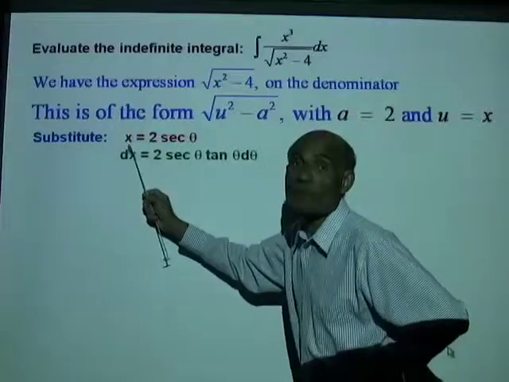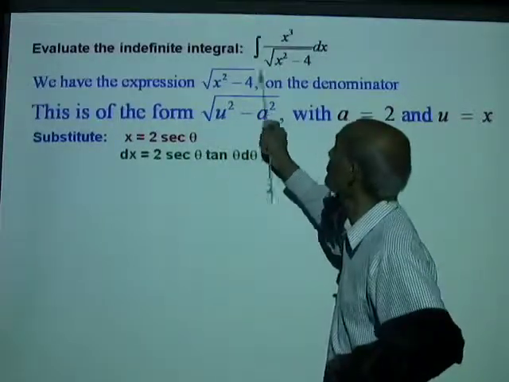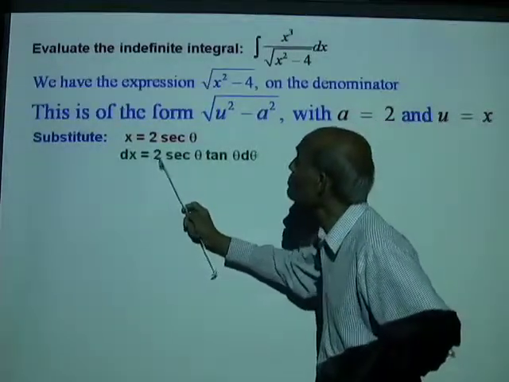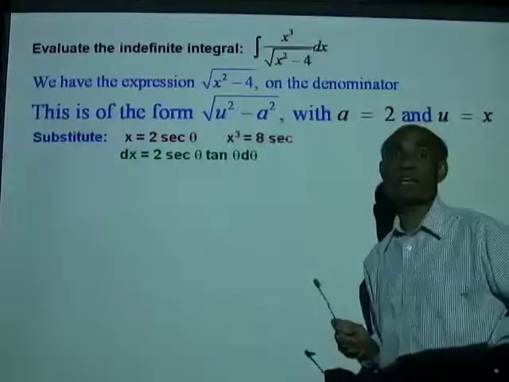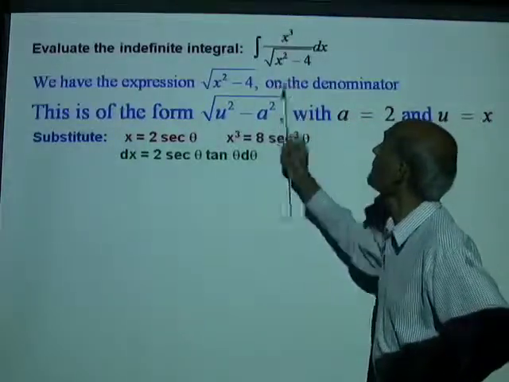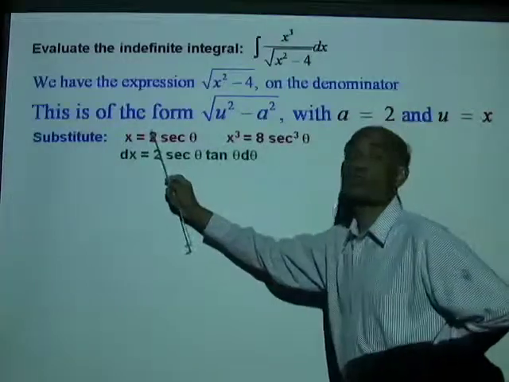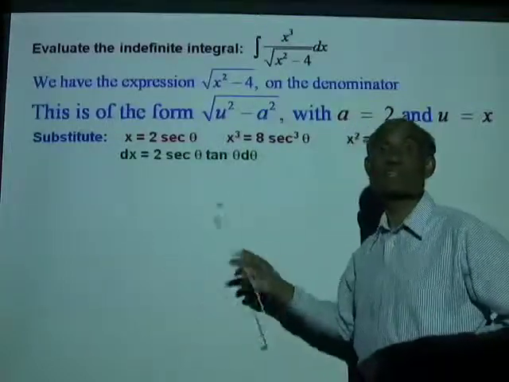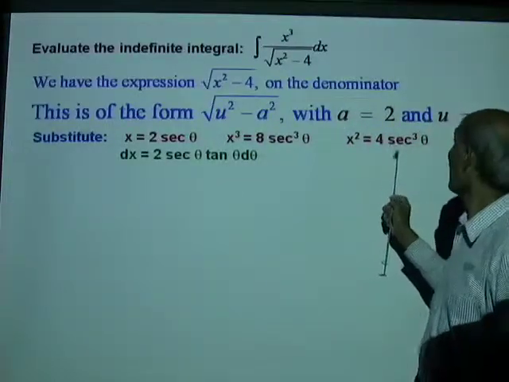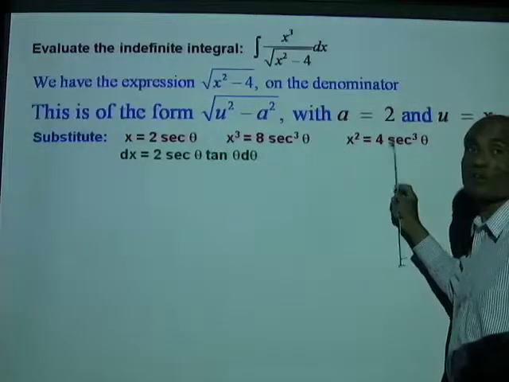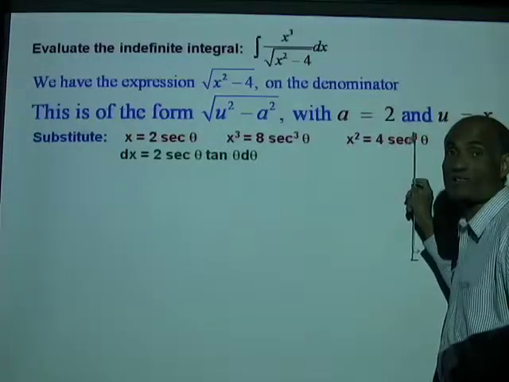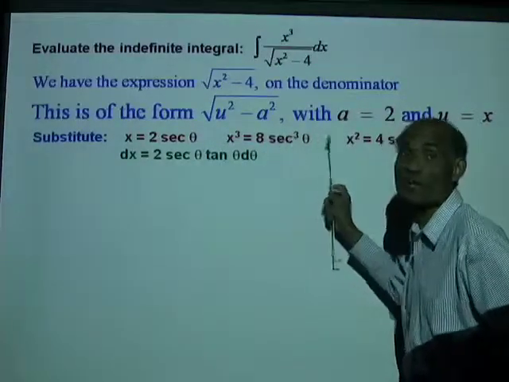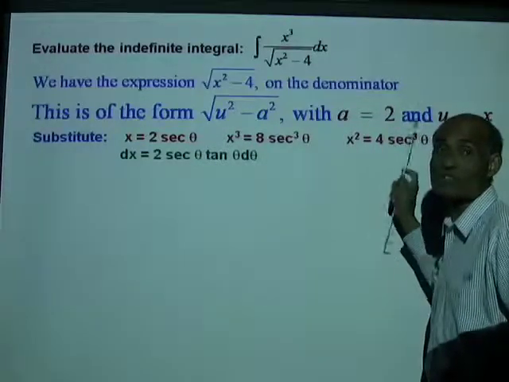So when you substitute x equal to 2 secant theta, our dx becomes 2 secant theta tan theta d theta, and x cubed becomes 8 secant cubed theta. There's a small printing error here: x squared is 4 secant squared theta, not secant cubed. X cubed is 8 secant cubed theta.